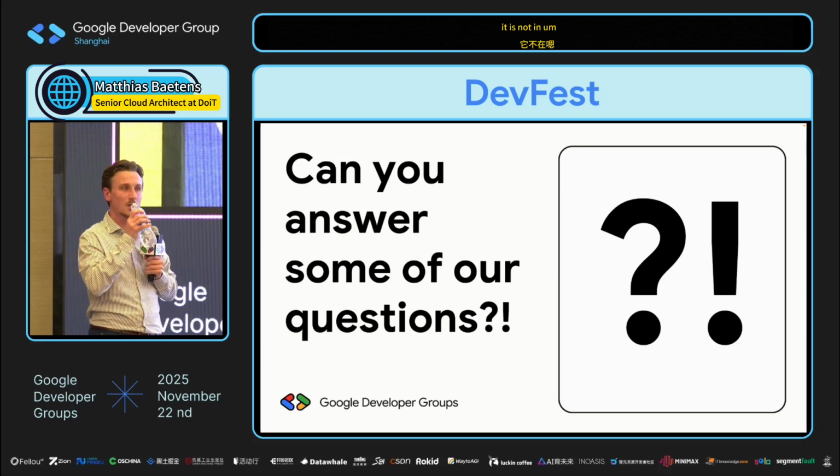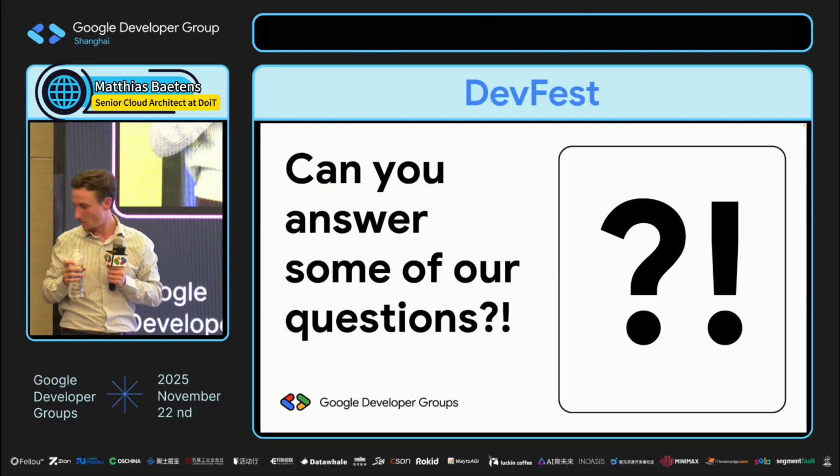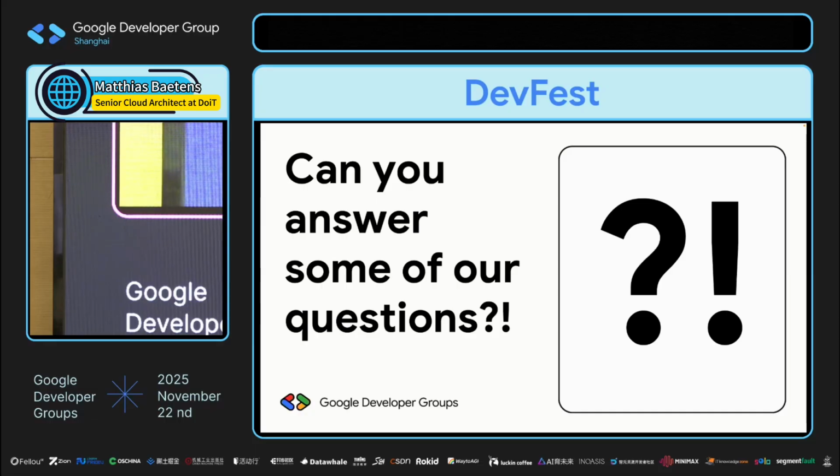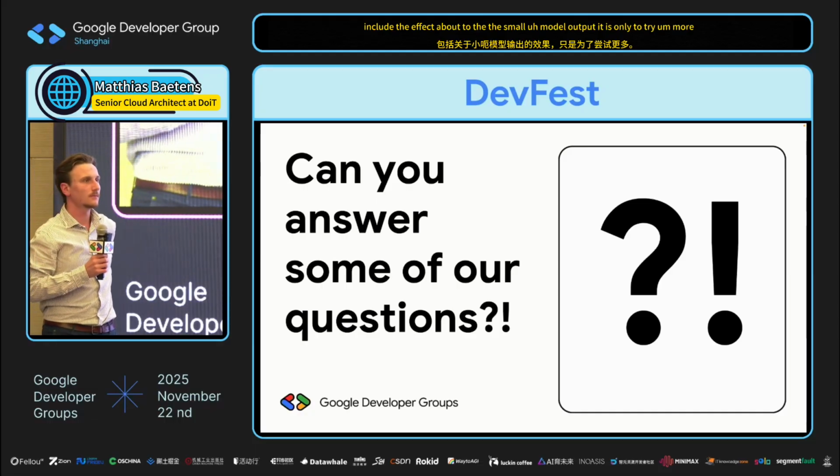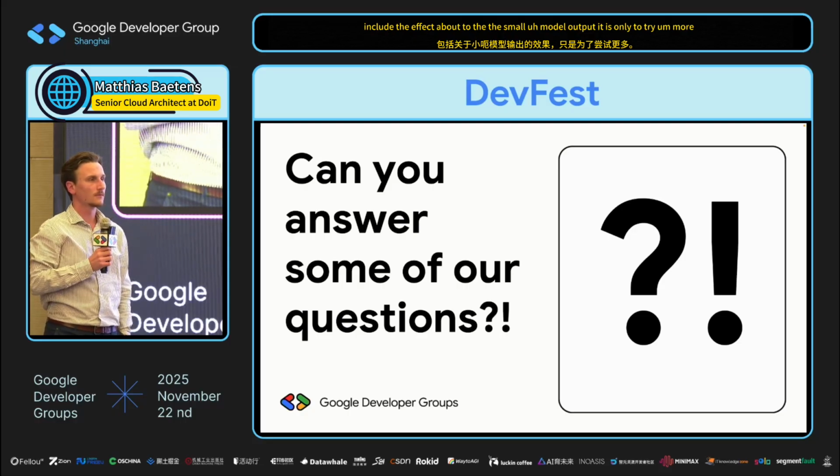So it is not about the effect on the small model output. It is only to try more.